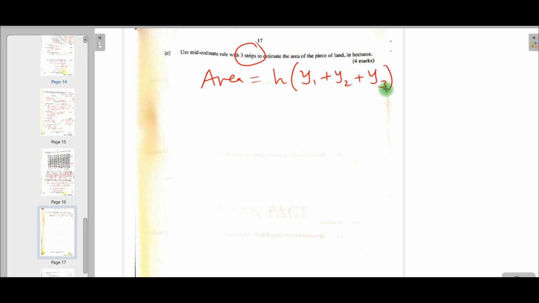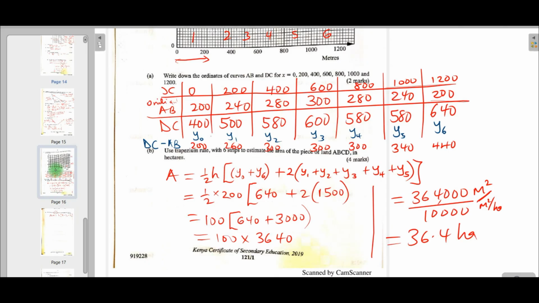Now, from previous work, if you consider them into 3 strips, I'll have this part up to that point, then the other one I'll pick from this point up to that point, and the last one from that point up to that point.